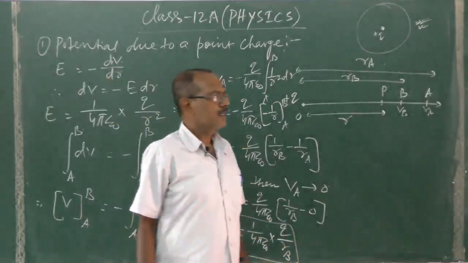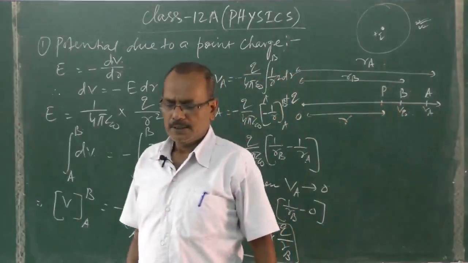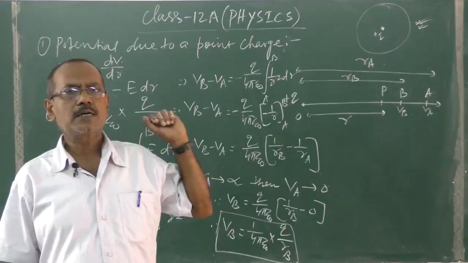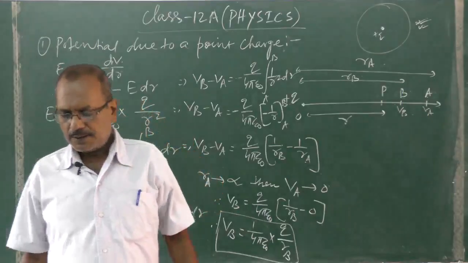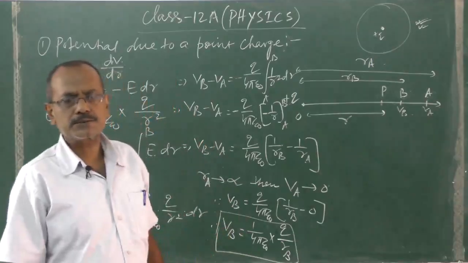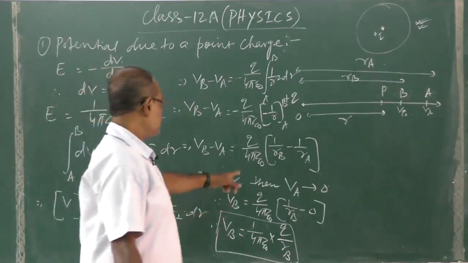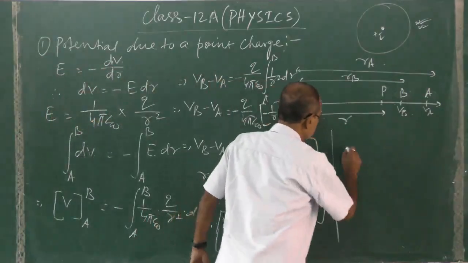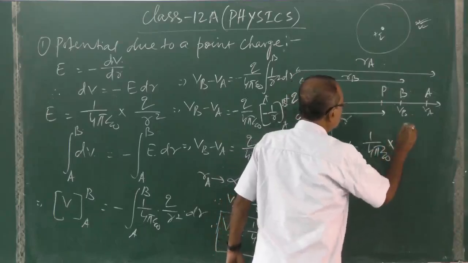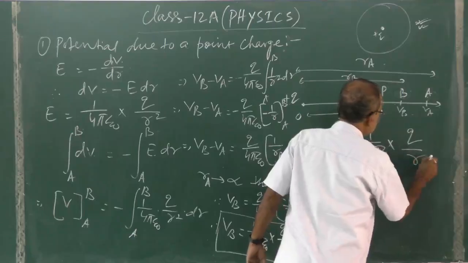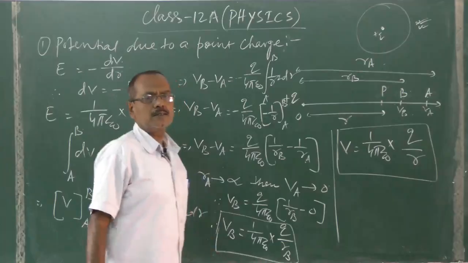Now, instead of point B, we are considering point P; we have to find the potential at P. If V is the potential at a distance small r from the charge plus Q, then V is equal to 1 by 4 pi epsilon naught Q by r.